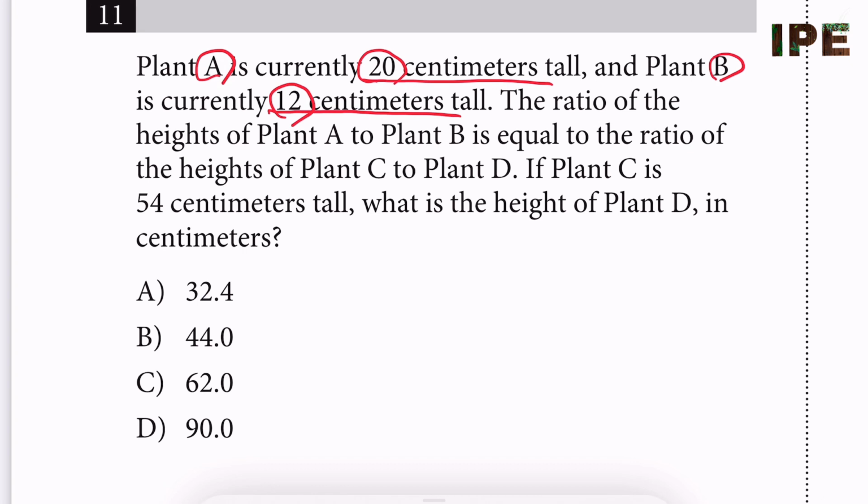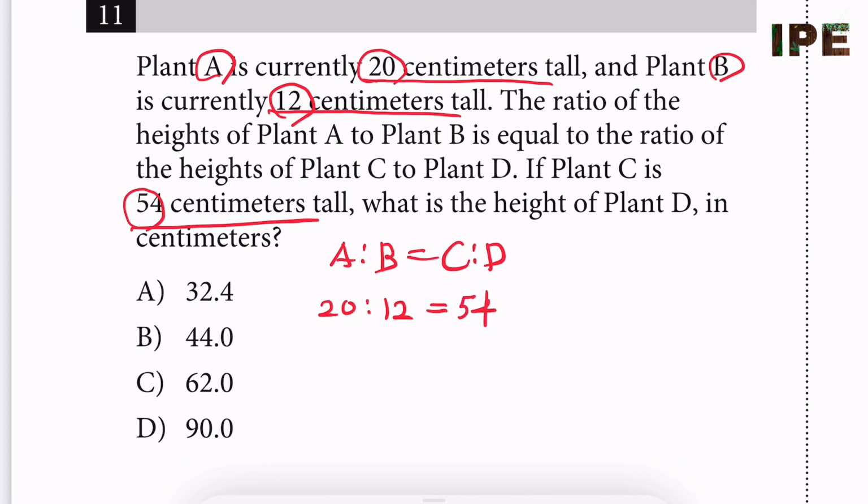So plant A to plant B's height is equal to C to D. What is A? What is B currently? 20, 12. That is equal to C to D. C is 54 centimeters. So C is given: 54 centimeters to the height of D.